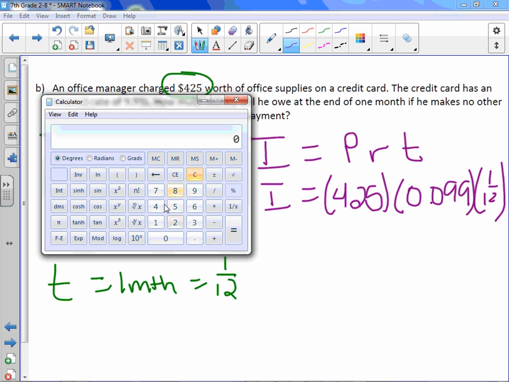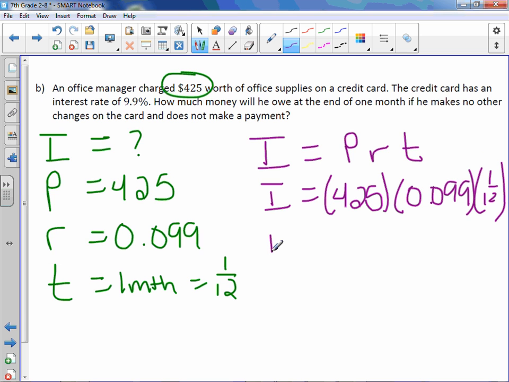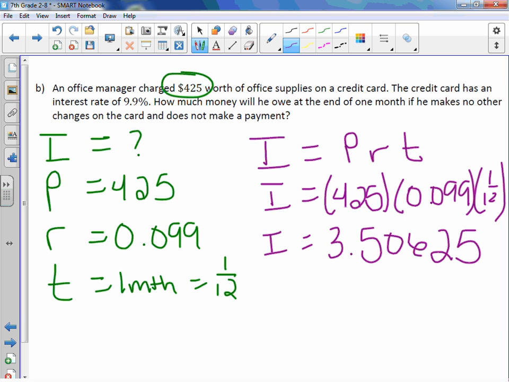So let me clear, 425 times 0.099 times parentheses 1 divided by 12, close parentheses, equals 3.50625. So I equals 3.50625. Let me just double check that.